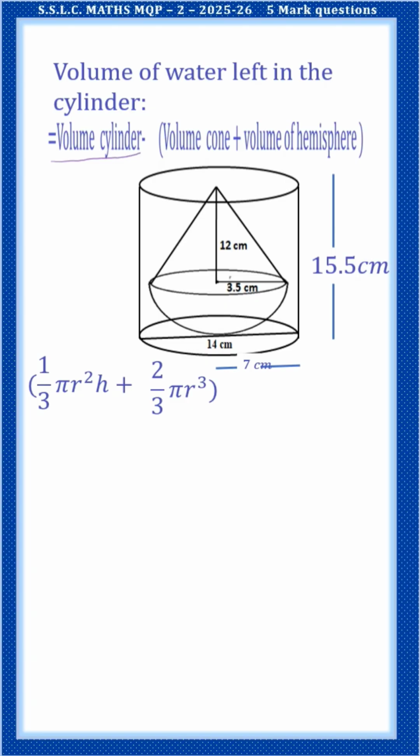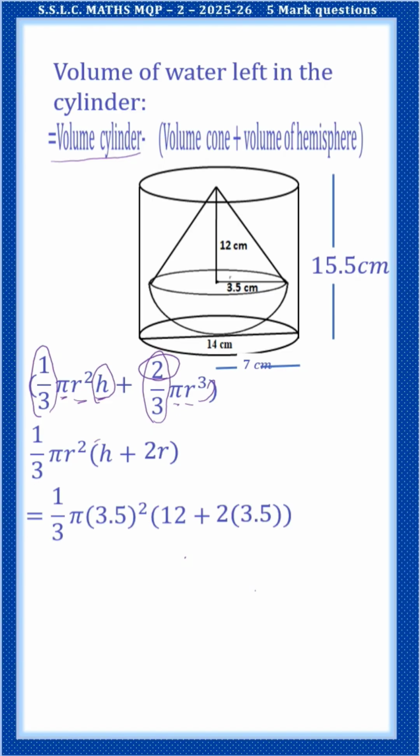Here 1 by 3 is common, we have taken it outside. Pi is common, r square is common. Inside the bracket, height of the cone, h, and here 2r. Now let us substitute the values.